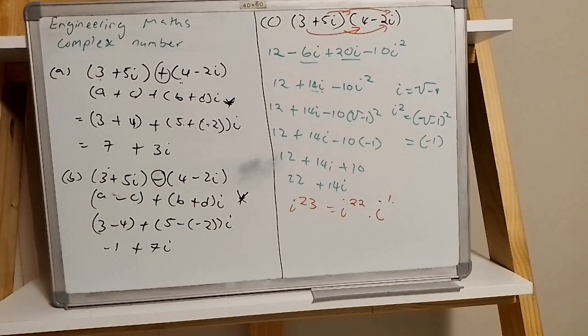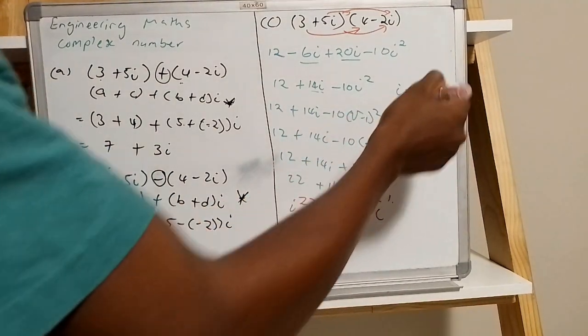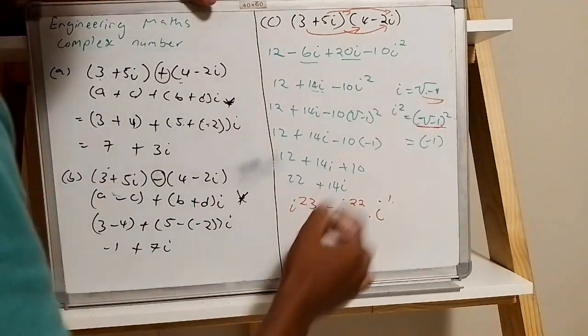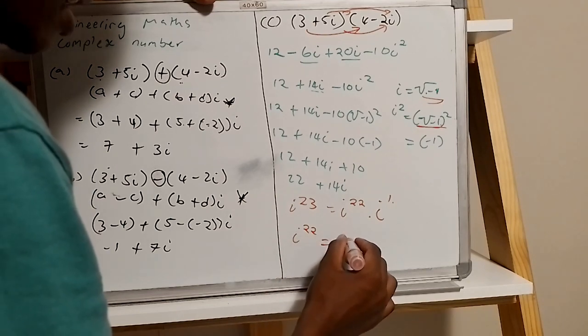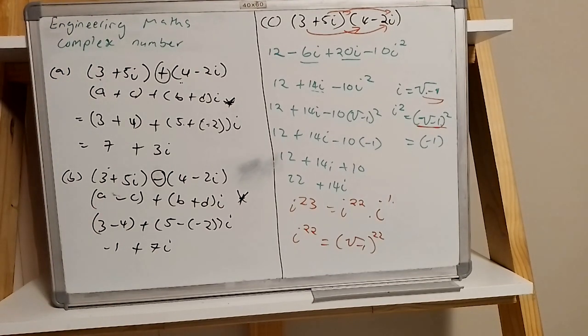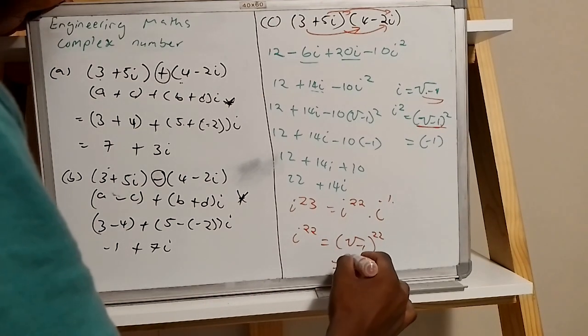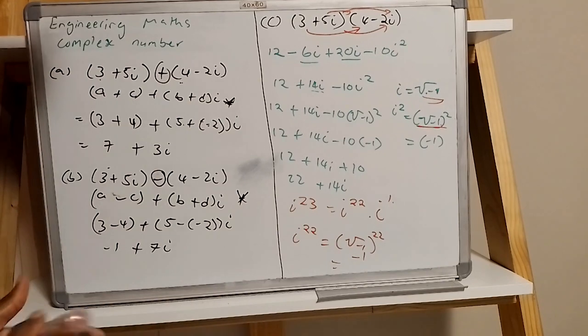But I know a very simple rule: if I have i to the power 22, I can rewrite it as the square root of negative 1 to the power 22. Logically, when I raise the square root of negative 1 to an even power like 22, it is supposed to give me negative 1.